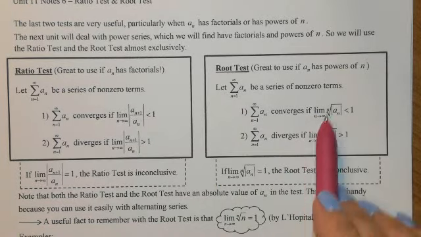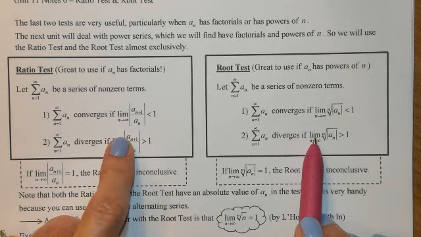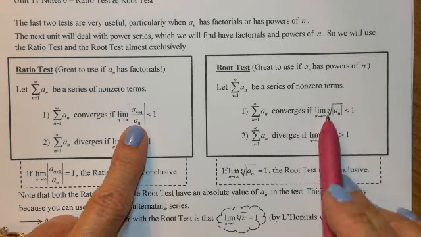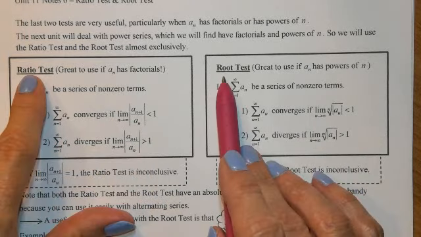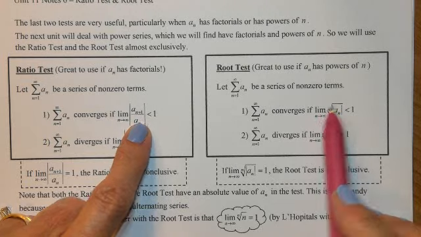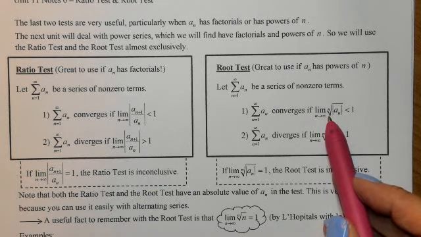For the root test, you still take the limit. It's another limit test, all right? But instead of taking a ratio, you're taking a root. Hence the difference in the names. The ratio test versus the root test. And you're taking the nth root. That's why we did those warm-ups with all of those nth roots.